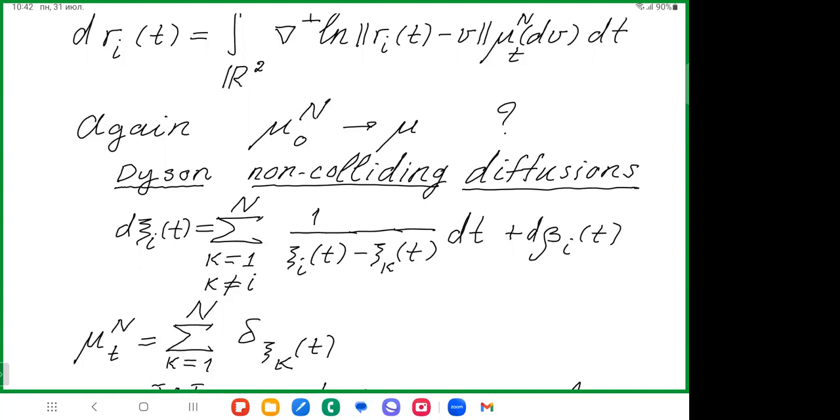This example shows us the problem. One can see that there are well-known cases where the system of particles satisfies some equation which can be written involving the empirical distribution of the mass of these particles, and the natural question arises: what happens if this empirical distribution initially converges to some probability measure which is not discrete?